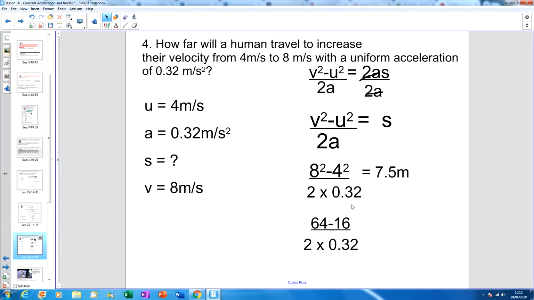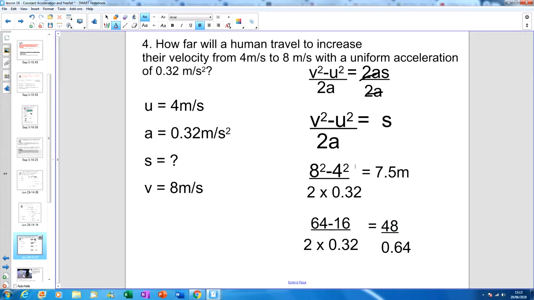So if you put that into your calculator, you've got to be careful to do BODMAS, so brackets, order, division. So actually you need to do the fraction first, so we can do that together. 64 minus 16 is 48 on the top, divided by 2 times 0.32, which is 0.64.